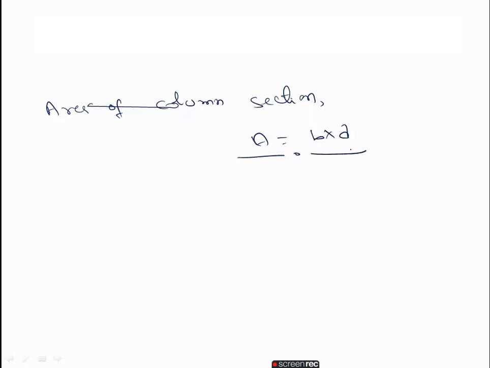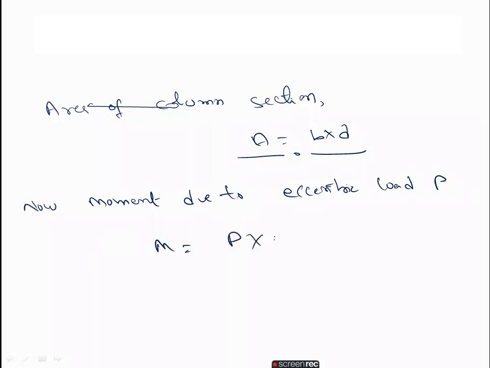First of all, I will write the area of the column section: A equals B into D. Now calculate the moment due to the eccentric load P. M equals P into E. This is nothing but load into eccentricity.